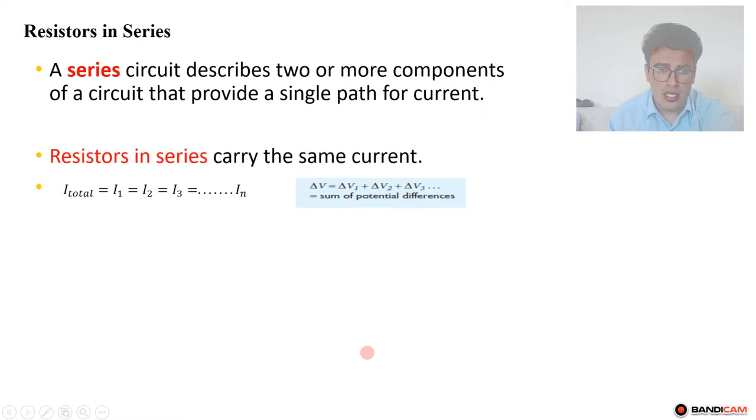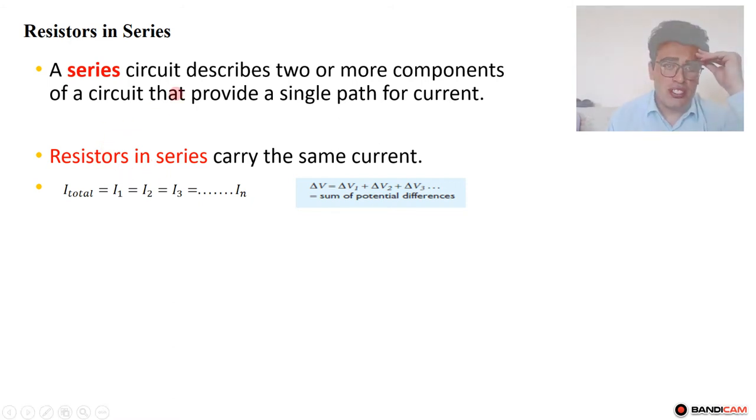Now, in section 2, dear student, if you look at your book, we have the resistors, and we will study more about them. We have the resistors in parallel, and we have the resistors in the series circuit. Now we will start with the resistors in a series circuit.